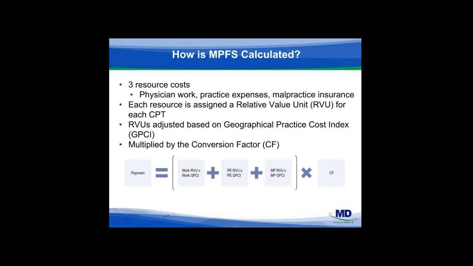Now, the sustainable growth rate is calculated using a couple of factors: medical inflation, projected growth in the domestic economy, growth in the number of beneficiaries in the fee-for-service Medicare programs, and specific changes in laws or regulations. In recent years, Congress has taken action to try to establish specific update amounts for the SGR, and we're going to talk a little bit more about that in the coming slides.